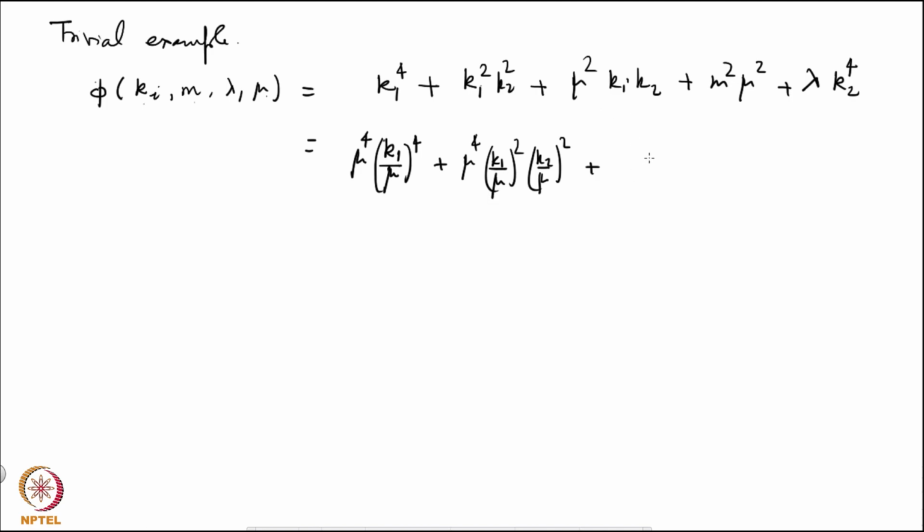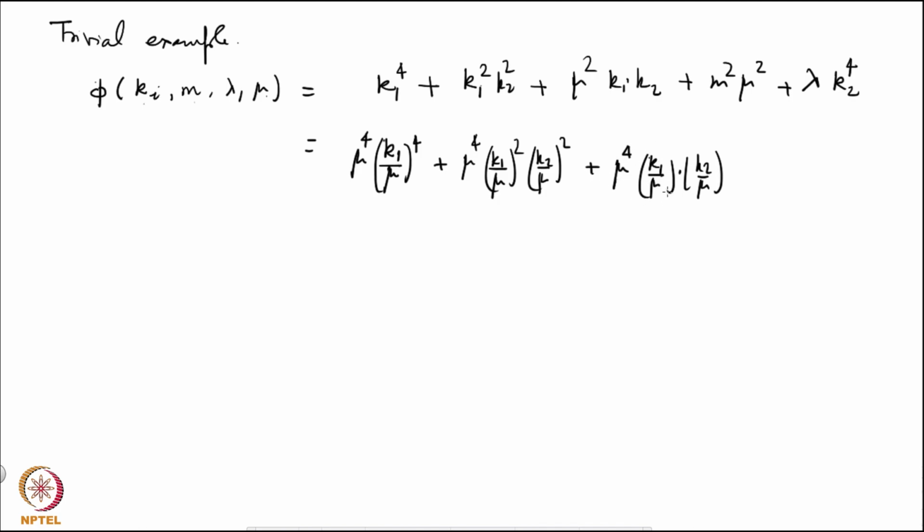Plus this one, k1 over mu, k2 over mu. If you wish, you can divide this also by mu square, but you have to multiply by mu square again, so you get mu to the 4.